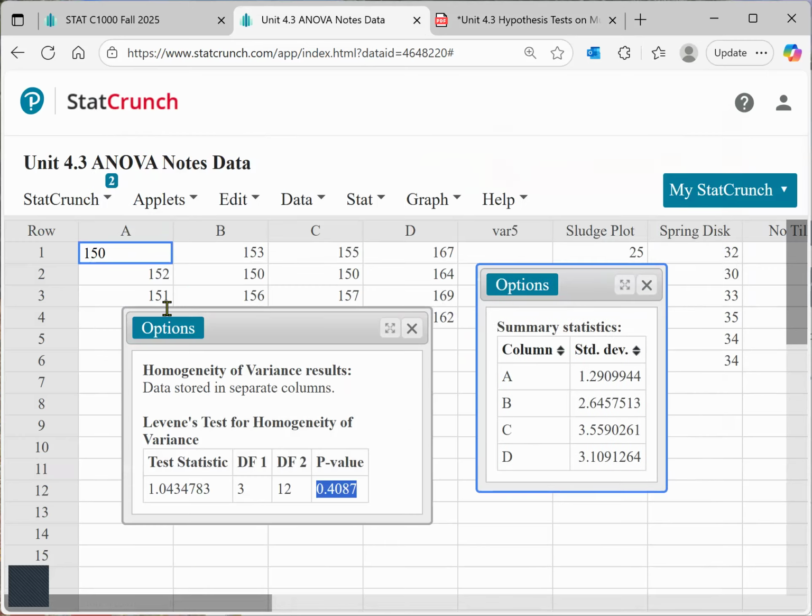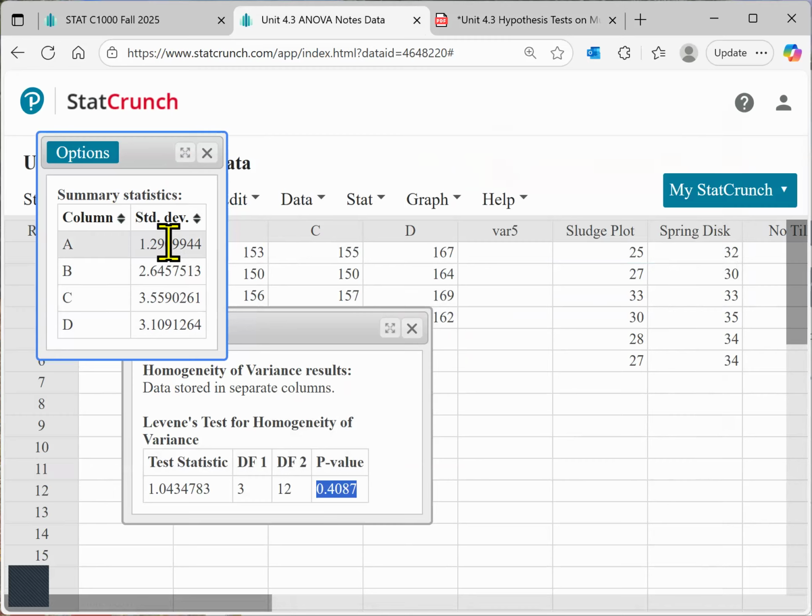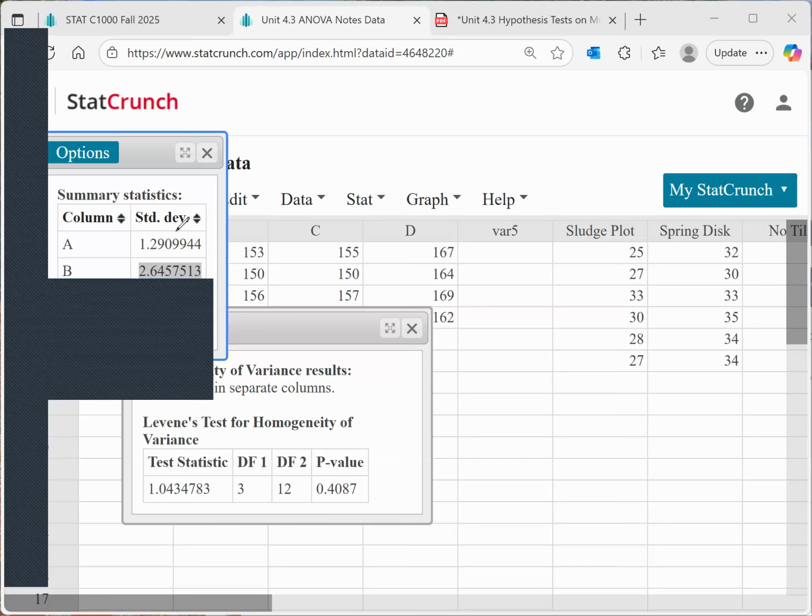So if I look at this, the standard deviation in A is 1.29, in B is 2.64, and then C and D. And then we basically say, what is the smallest? Look at it long enough until you're okay with the statement here that the smallest is this one.